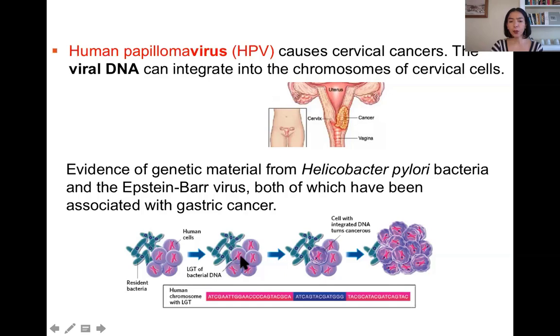And then a human chromosome can acquire a piece of DNA from this bacteria, from Helicobacter pylori. And when we sequence this piece of DNA, we can see that this chunk of sequence is coming from the viral DNA. So yes, humans also experience horizontal gene transfer.